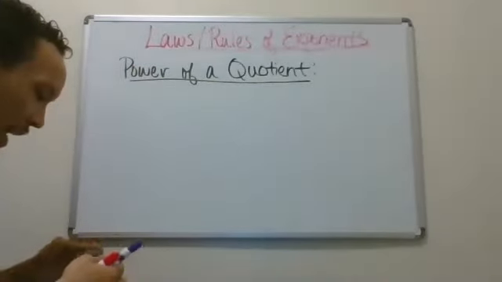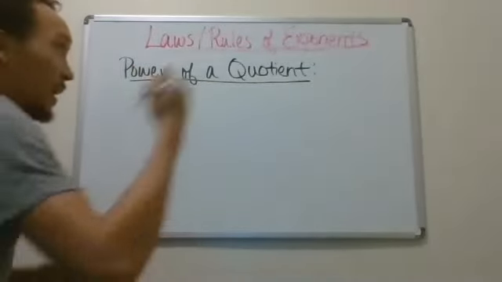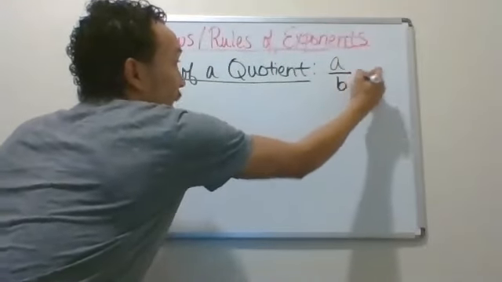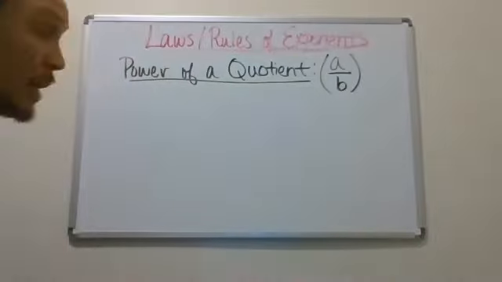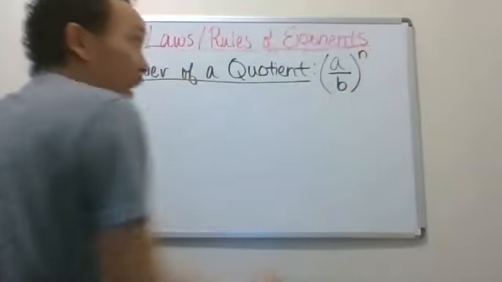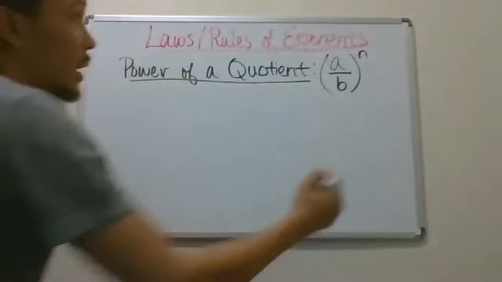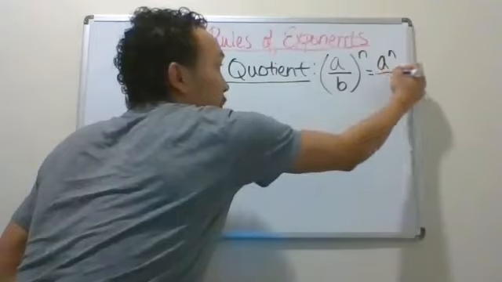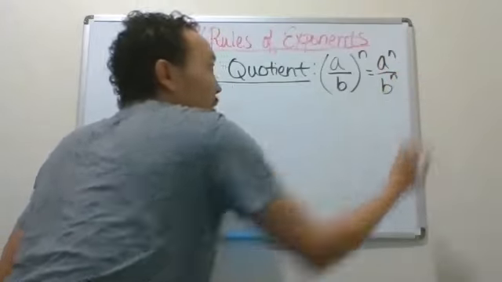And so what that states is any base A being divided by B, raised to the nth power, is going to be the same thing as saying A to the n being divided by B to the n.